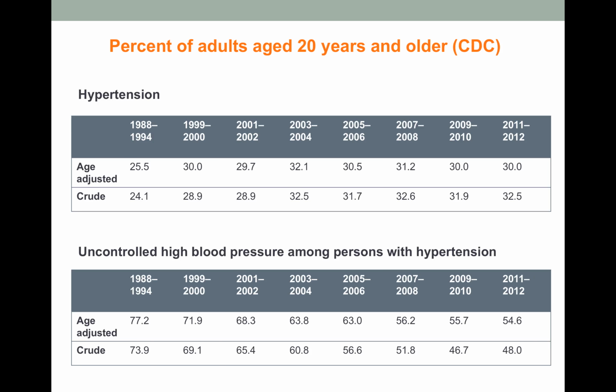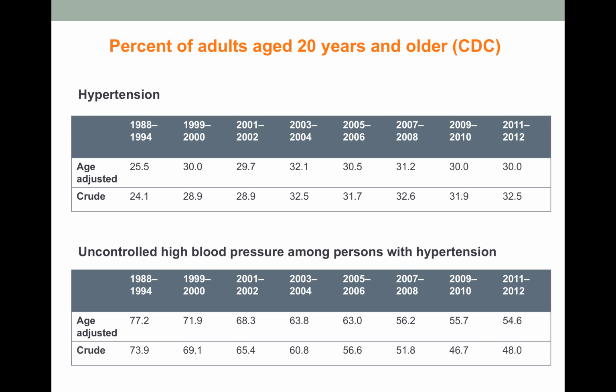And you see a little bit of fluctuation, but from 2011 to 2012, it was again at 30%. So this is age adjusted. Now, if you look at crude, meaning not age adjusted, you can see that it has steadily increased. So really what we're looking at here is the impact of a growing aging population.